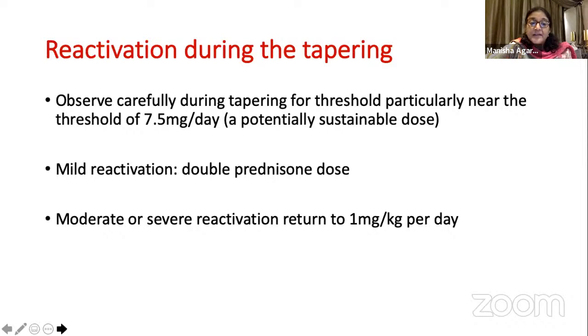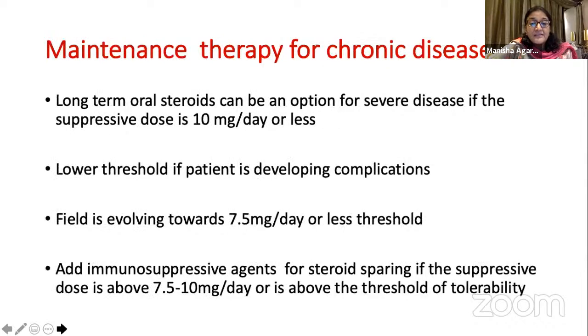If there's a mild reactivation, we can double the dose of prednisolone, but if there is a moderate or a severe reactivation, then probably it's better to return to the 1 mg per kg body weight dosage as in the induction phase. Maintenance therapy for chronic diseases: long-term oral corticosteroids can be an option for severe diseases if the suppressive dose is 10 mg per day or less.